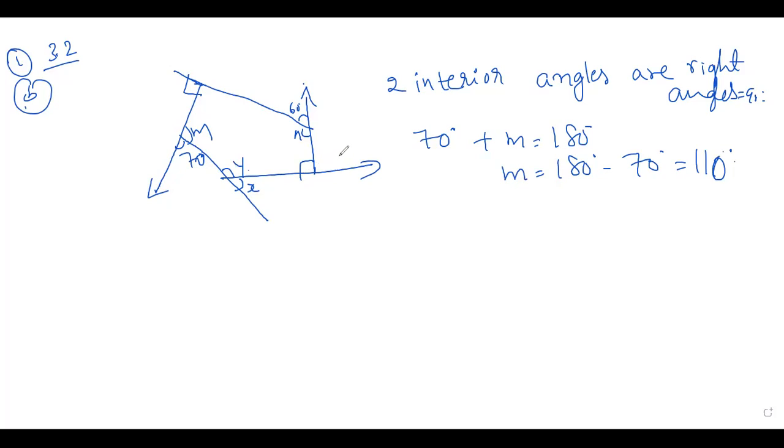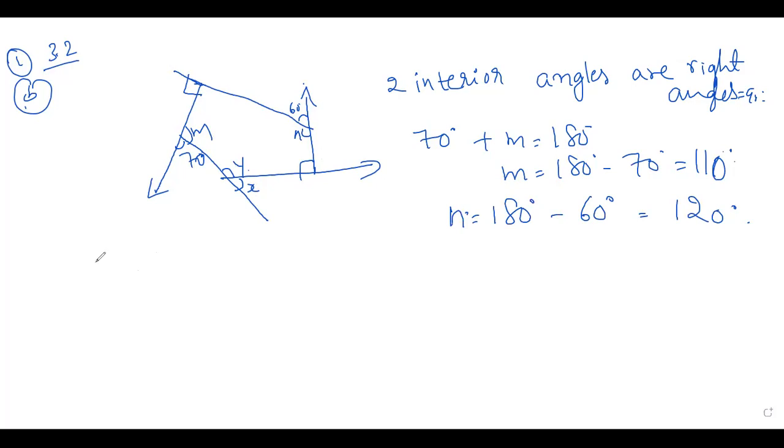Here n is equal to 180 minus 60, then it is 120 degree. Now in the figure we have to find the value of x here, right?